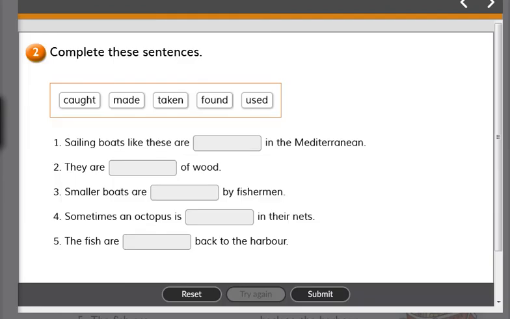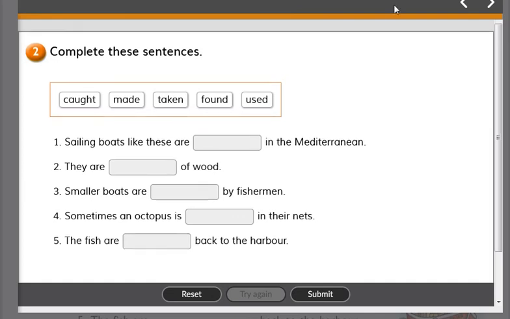Question number 2. Complete these sentences. We have some choices: caught, made, taken, found, used. Sailing boats like these are found in the Mediterranean.